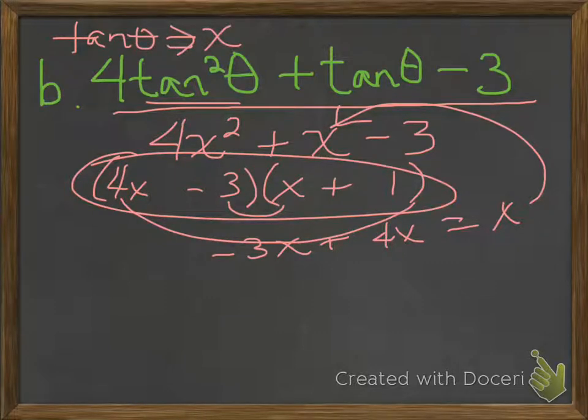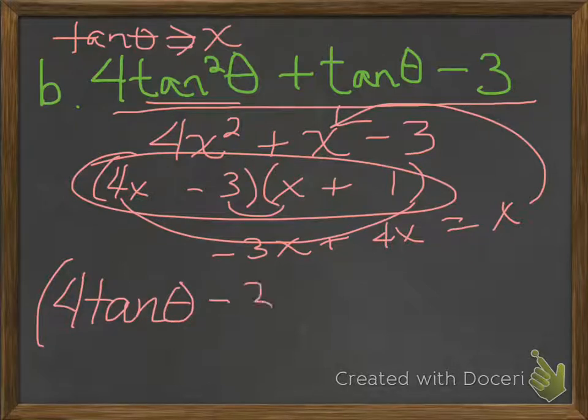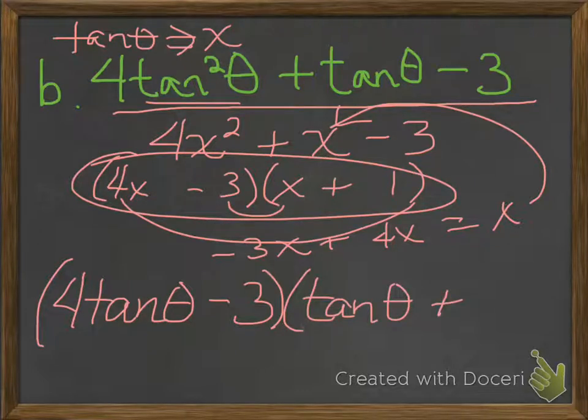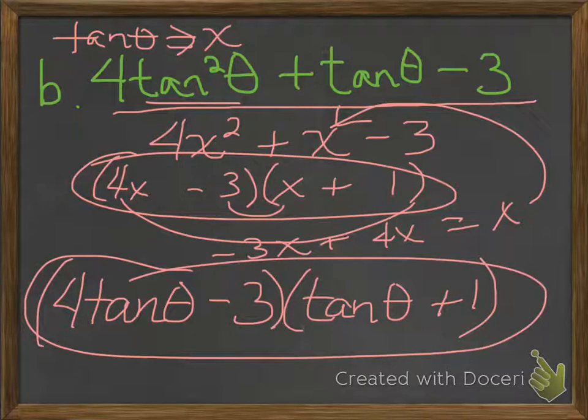So now I need to turn that x back into a tangent theta. So I have 4 tangent theta minus 3 times tangent theta plus 1. That's my factorization. And that's as far as I can go.